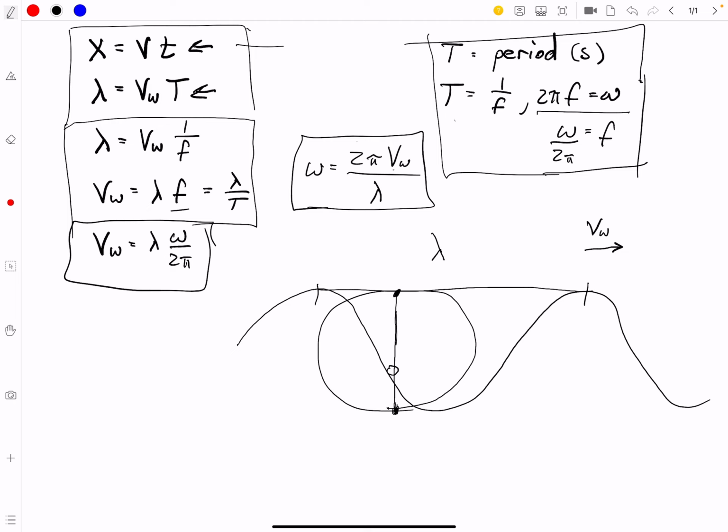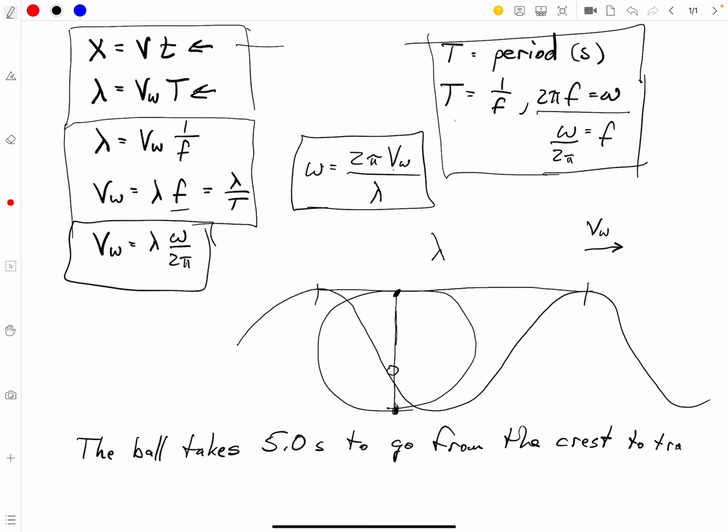And the ball takes 5 seconds to go from the crest to trough, and back again.